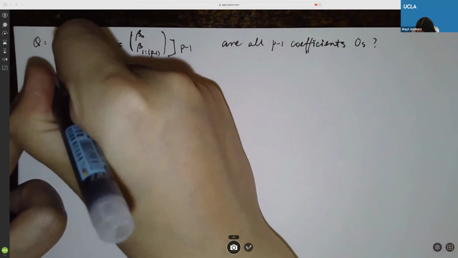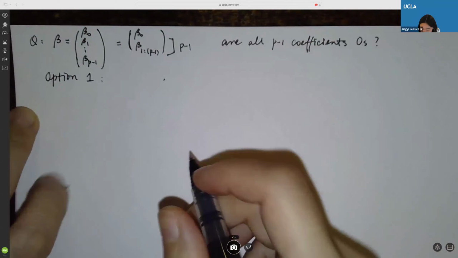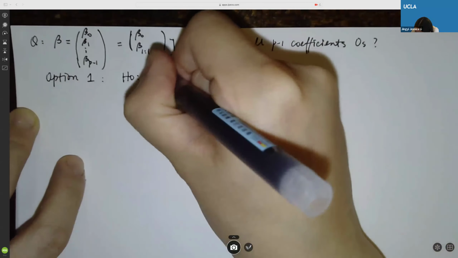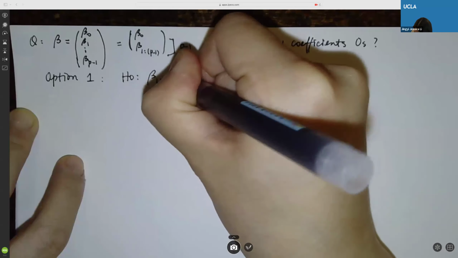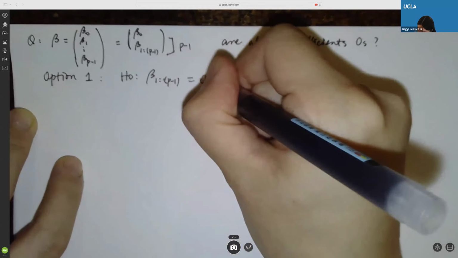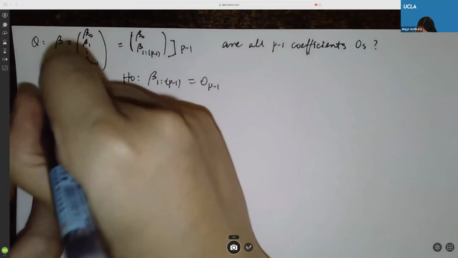I'm laying out the two options. Option one is that we set the null hypothesis as beta 1 to p minus 1, this subvector, being a zero vector, and this zero vector has dimension p minus 1. That's one way.